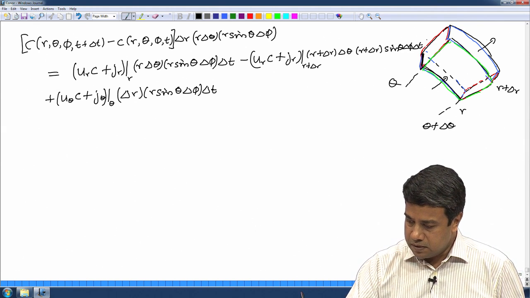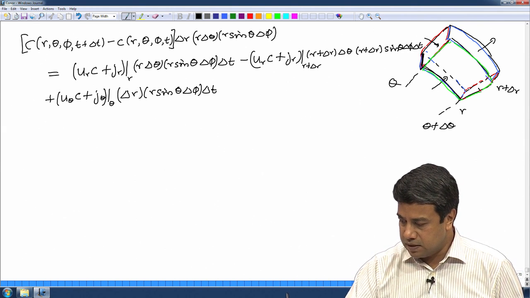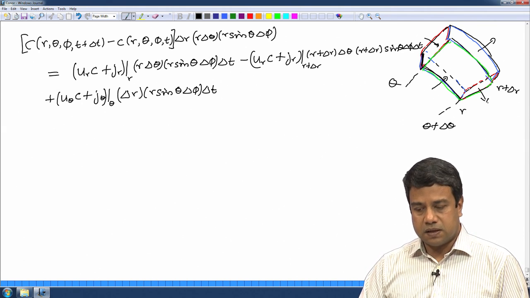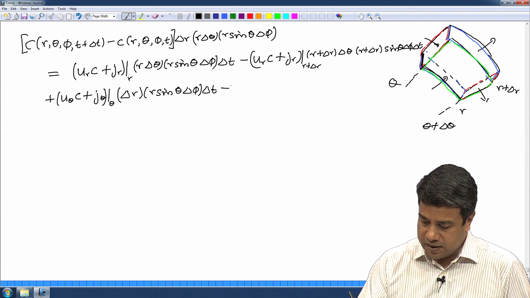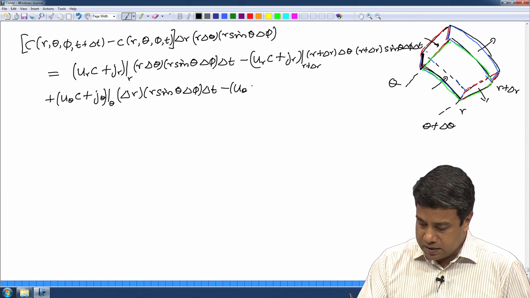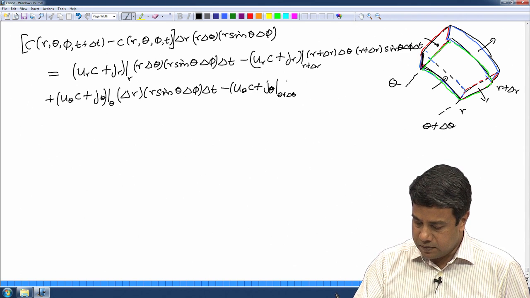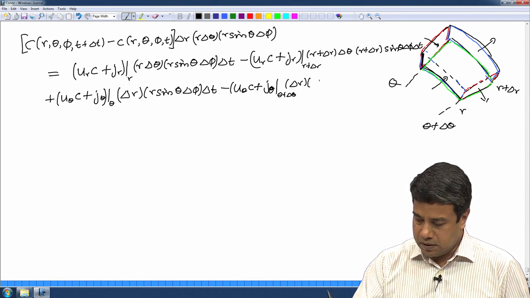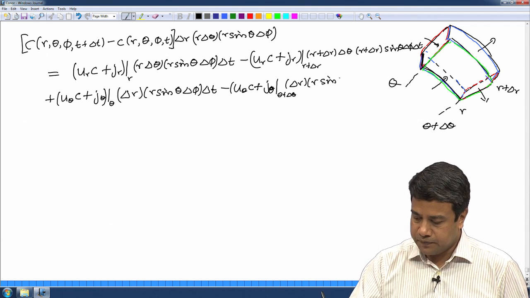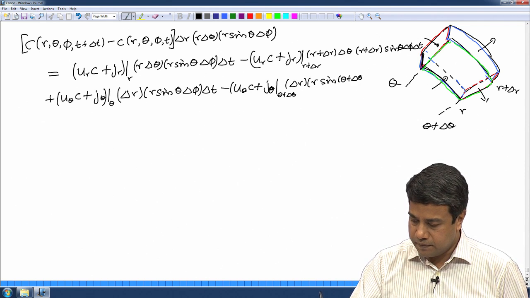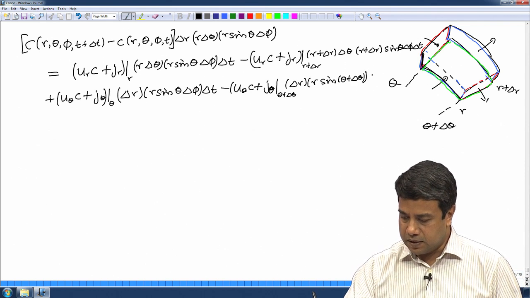What I just showed you is the flux in here. The flux out at the location theta plus delta theta is going to be equal to minus u theta c plus j theta, at theta plus delta theta, into delta r into r sin theta delta phi, into delta t.